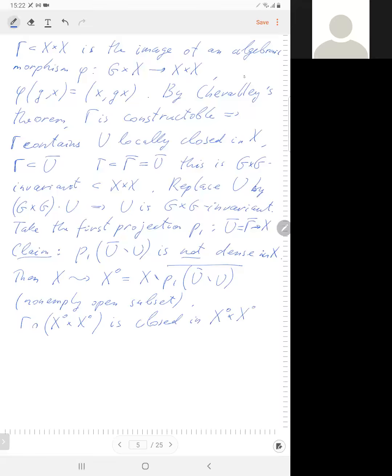And certainly this X naught is G invariant. So this is the desired shrinking, this X naught.